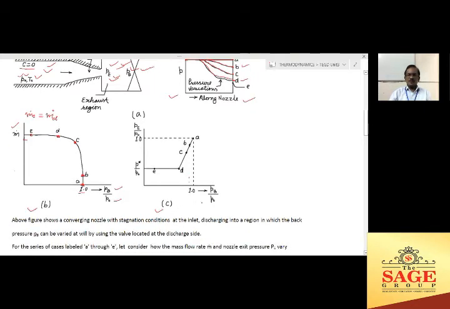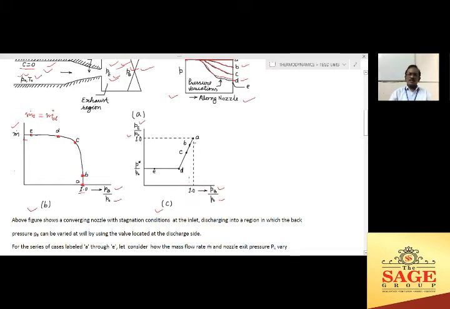In the third curve, you can see that on the vertical axis we have taken the pressure ratio P by P naught, the ratio of the exit pressure to the stagnation pressure. On the horizontal axis, we have taken the pressure ratio PB by P naught, the ratio of the back pressure to the stagnation pressure.